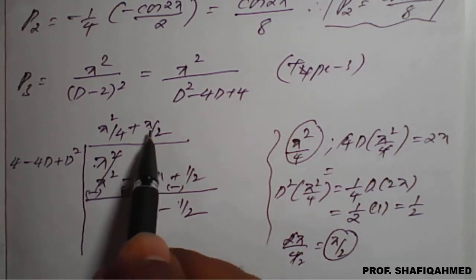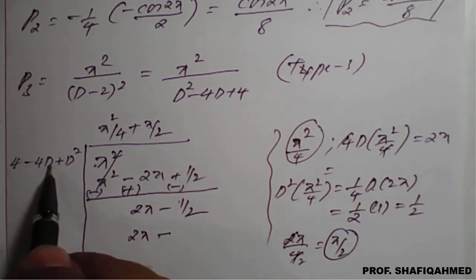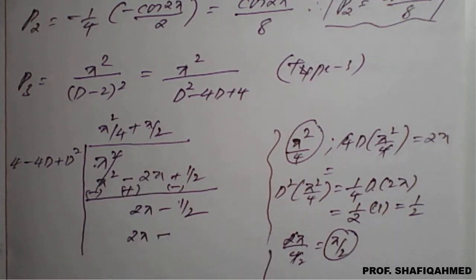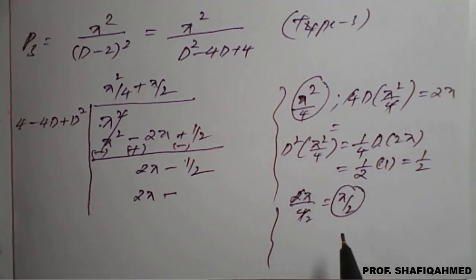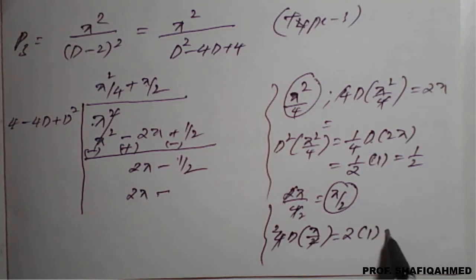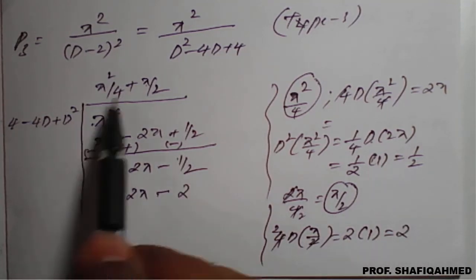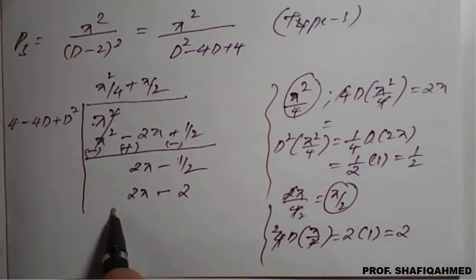Minus into plus is minus, 4 times the differentiation of x by 2 works out here: 2 ones are 2, 2 twos are 4, so we are left with 2, the differentiation of x being 1, which is nothing but 2. But D square of x by 2 is 0, so leave it.